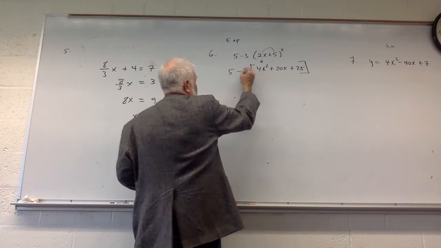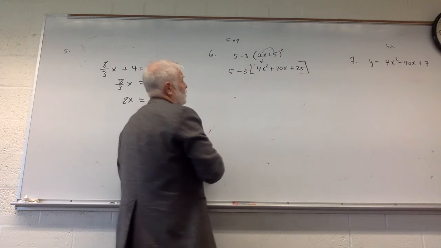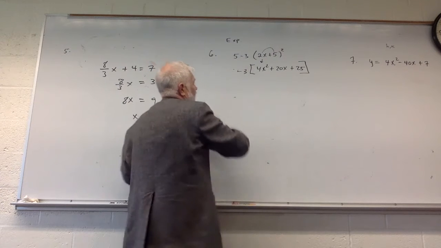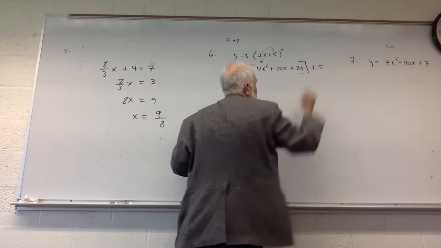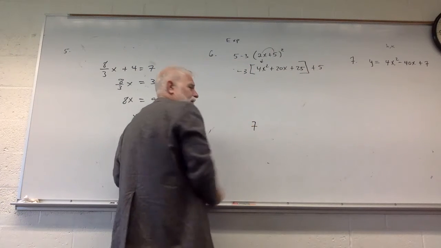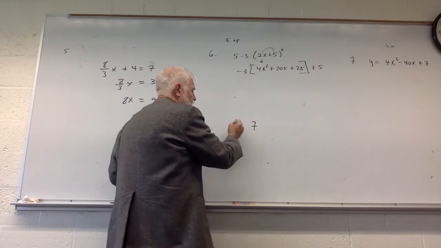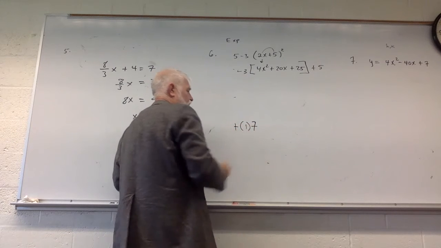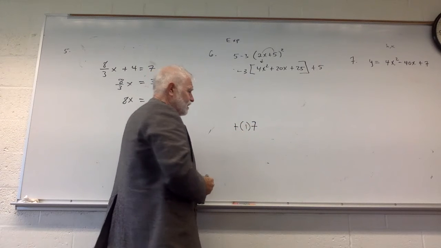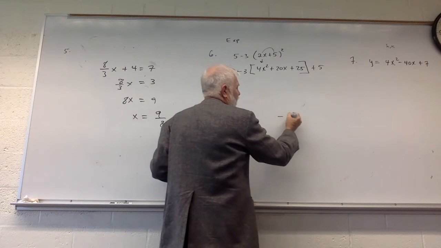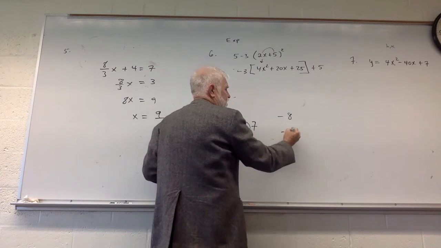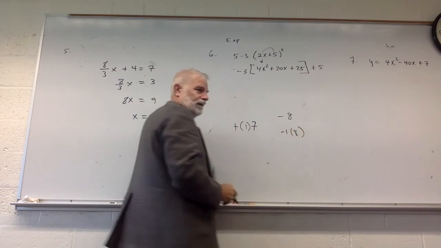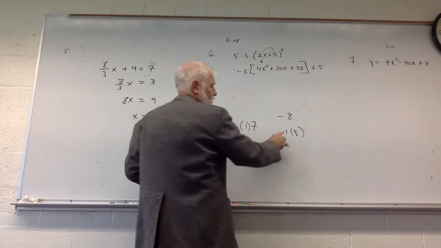5 minus 3. You might want to, the next time you do this, move that 5 immediately to the end. Right? Every positive number is really multiplied by positive 1. We just don't write it. Right? Every negative number implies that you're multiplying by negative 1. We don't write that.